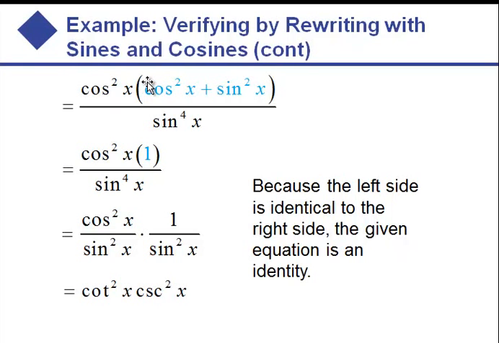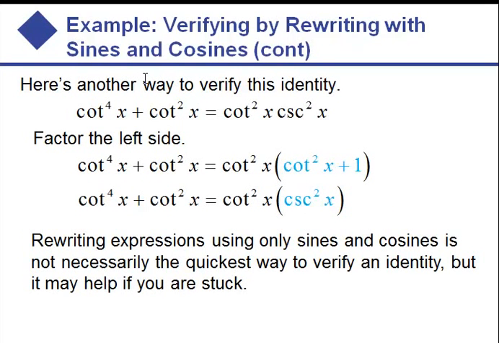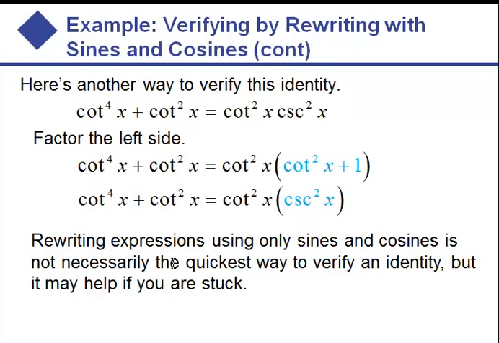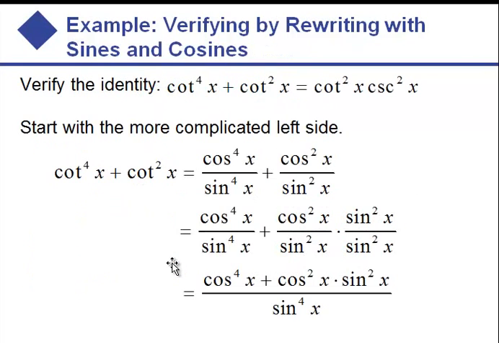And when you look at the right-hand side, you notice that the right-hand side has a cotangent squared in it. So you might as well pull a cotangent squared out of this thing by taking a cosine squared and 2 of the sines. So there's your cotangent. The leftover piece ends up being cosecant, which is exactly what the other one was, right? And you go, yay, they're the same.